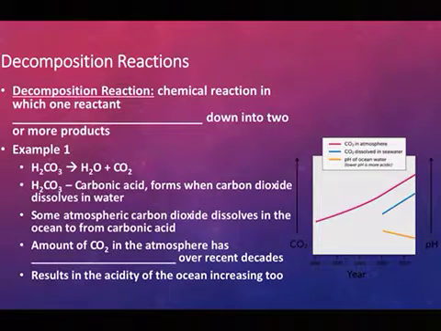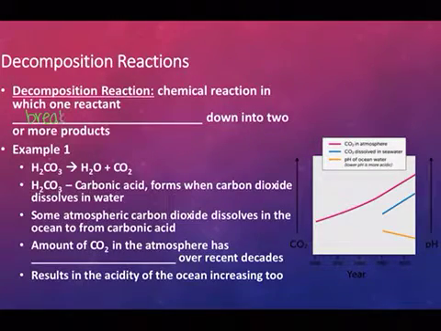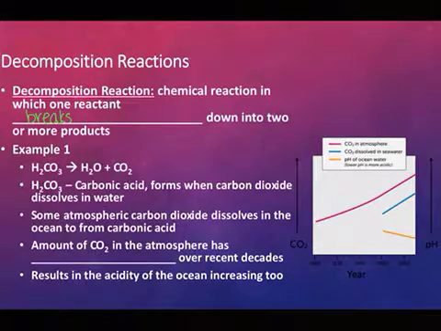Your second type of reaction is a decomposition reaction, and this is a chemical reaction in which one reactant breaks down into 2 or more products. For example, we have carbonic acid, H2CO3, and that forms when carbon dioxide dissolves in water.